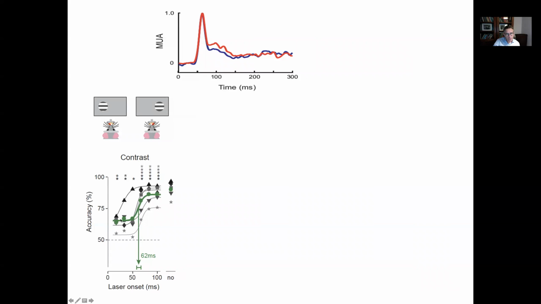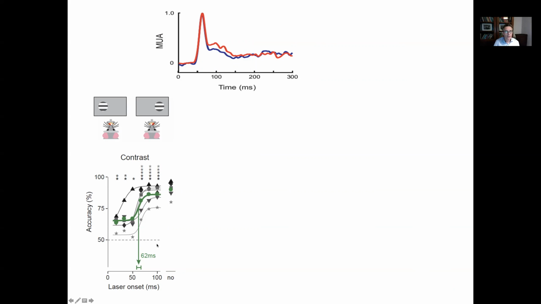And if you then postpone the light to about 62 milliseconds, you see that the animals are almost getting back to normal accuracy. And after about 70 milliseconds, they're back to normal accuracy. What you see here in the green line is the average, and the black and gray lines are the accuracy of individual mice.